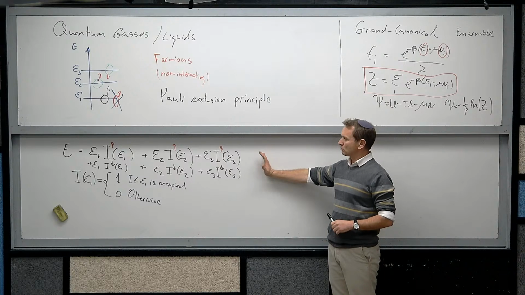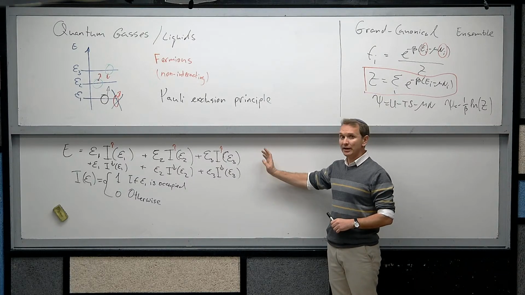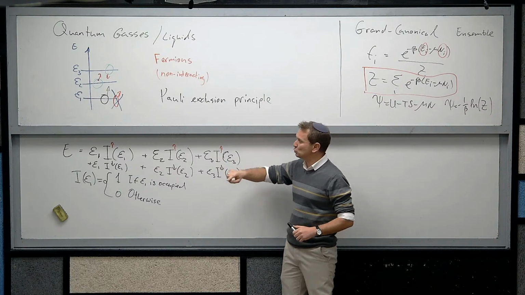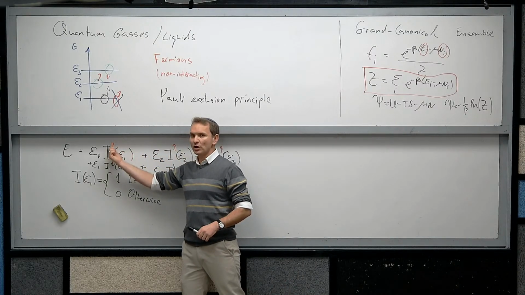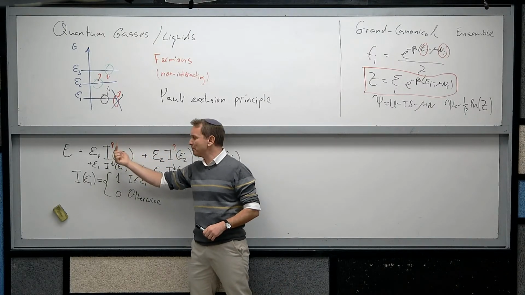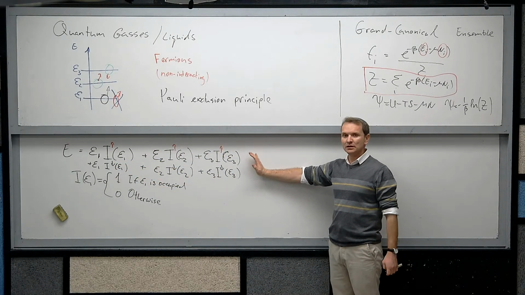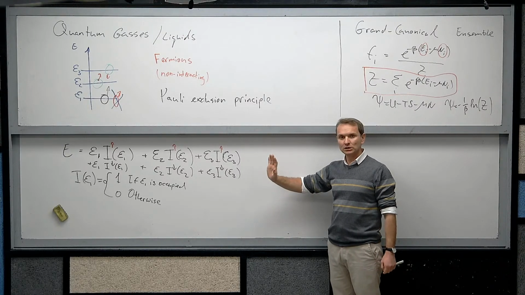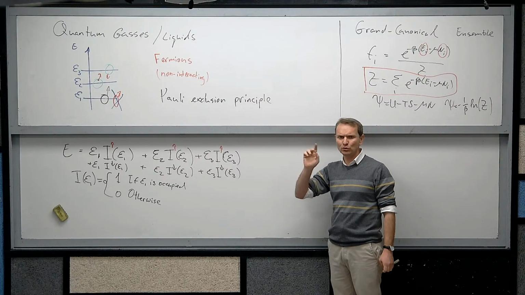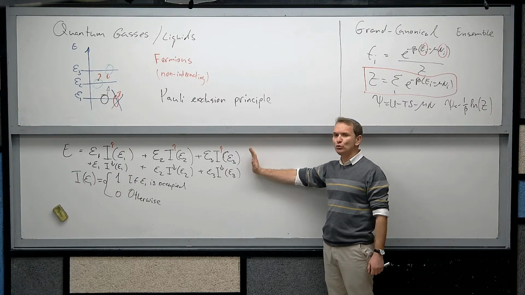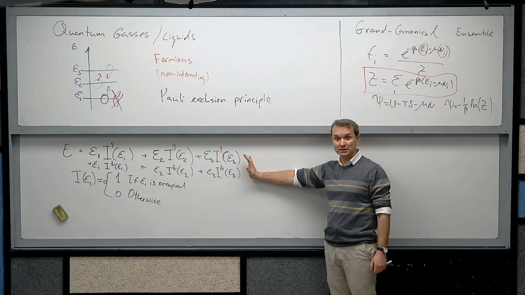So when I treat it state by state, this is why I have specifically up states, so states with spin up, and states with spin down. When I treat it as a summation of the energy of the different states, it works. I cannot do this for different particles, but I can do this for different states.